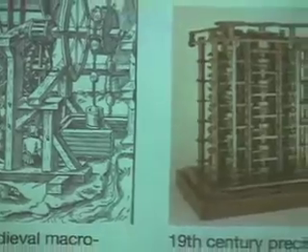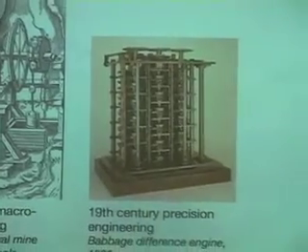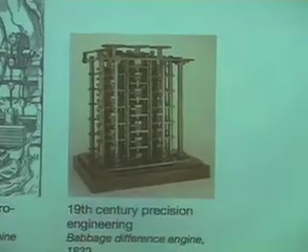So already they were able to get precisions of less than a thousandth of an inch, so on the scale of tens of microns. And so the Babbage difference engine is famous as an example of something that was just on the cusp of possibility at that time.